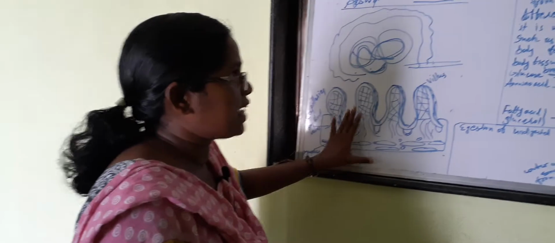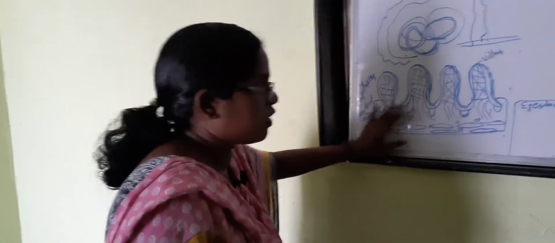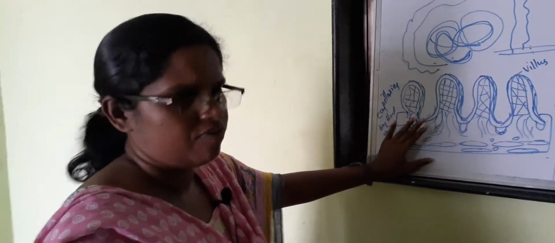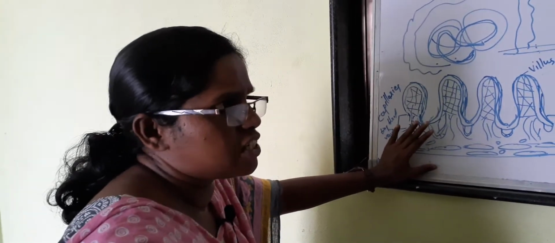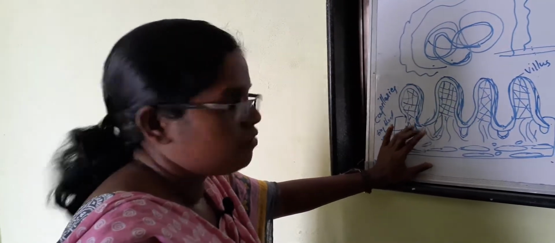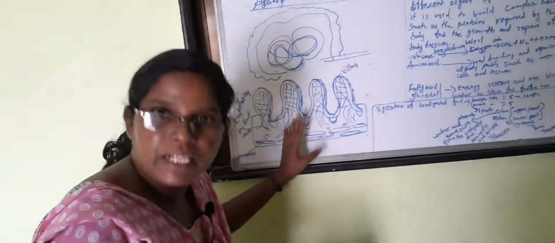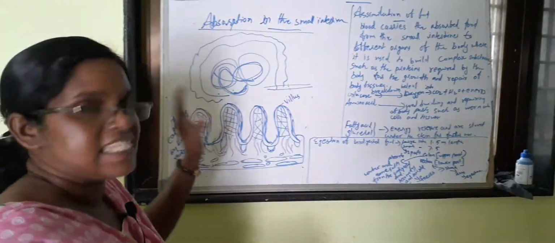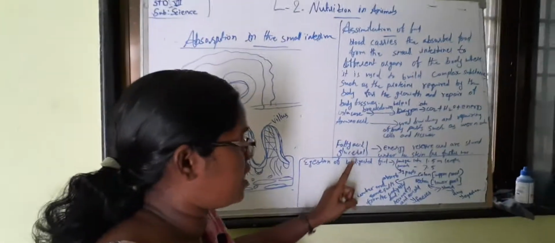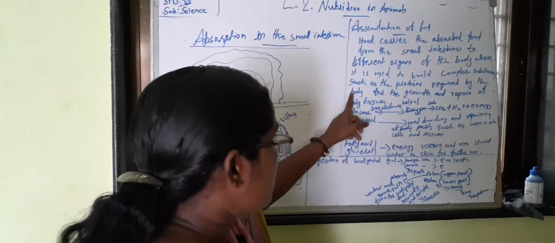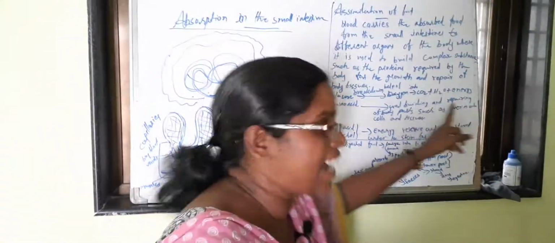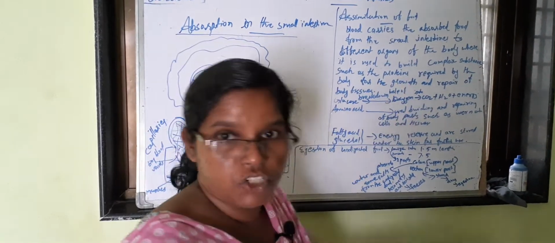This blood carries absorbed food from the small intestine to different organs of the body, where it is used to build complex substances such as proteins, for the growth and repair of body tissues.